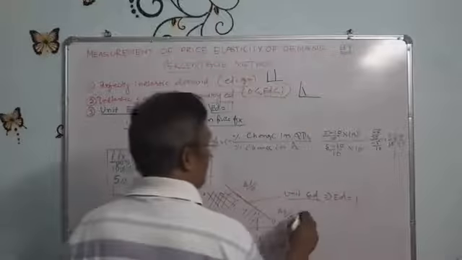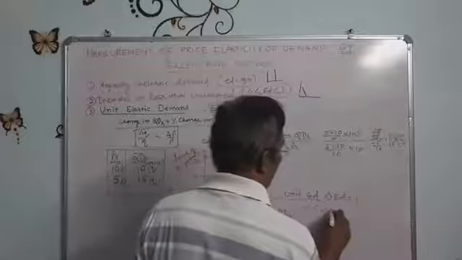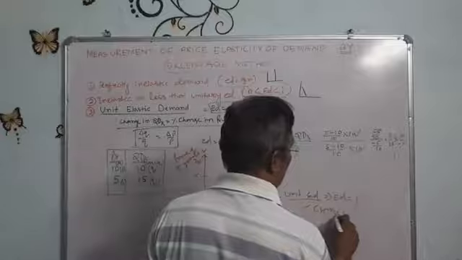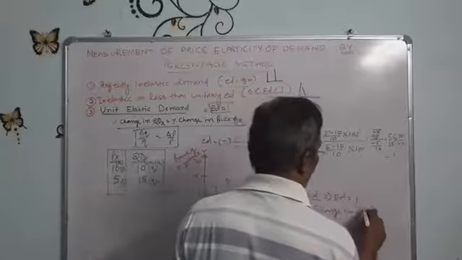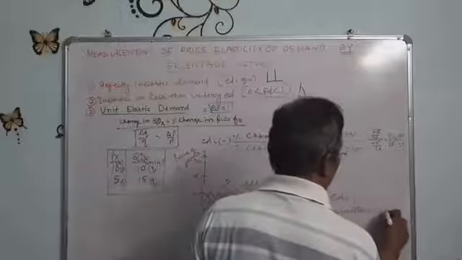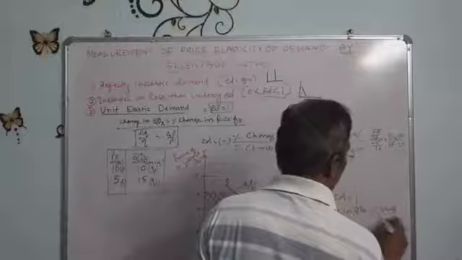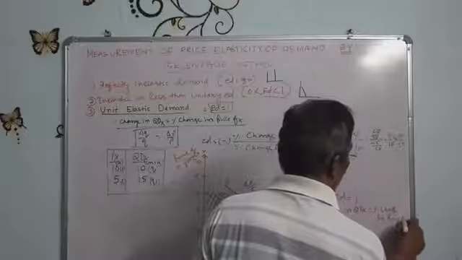It means the percentage change in quantity demanded of good X equals the percentage change in price of good X.